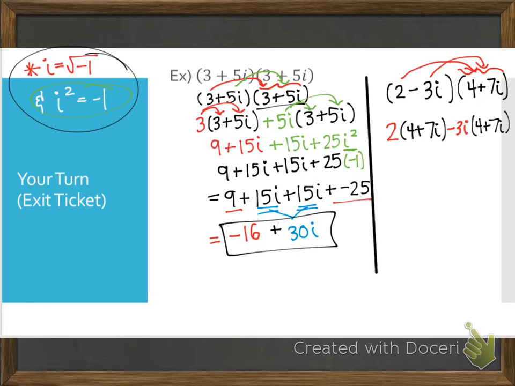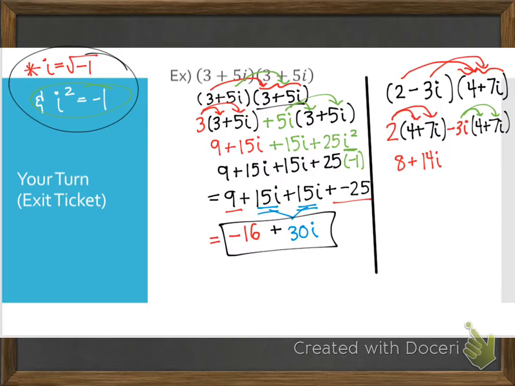All right, so now we're going to go ahead and distribute this. So we've got 2 times 4 and 2 times 7i. So 2 times 4 is 8, plus 2 times 7i is 14i. And then we're going to multiply -3i times 4 and -3i times 7i.